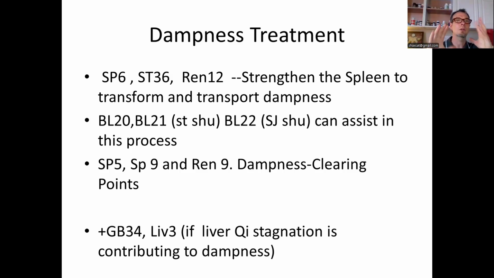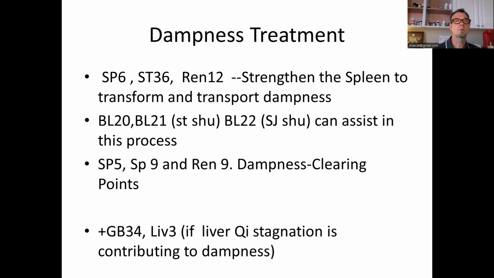It's like a bilge pump trying to move that fluid out and around. It's trying to move it through the body and transform it into something productive, some kind of nutritive force or organic fluid, not just some kind of dampness that's hanging around.